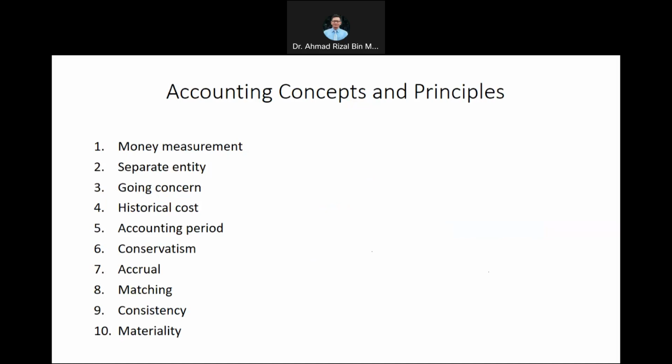Unless the employee or the management themselves are personally liable and are individually being sued, that's a different matter. But if the company is being sued, then it is a separate legal entity.